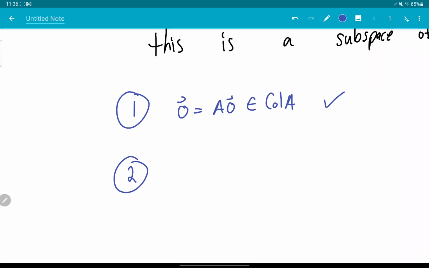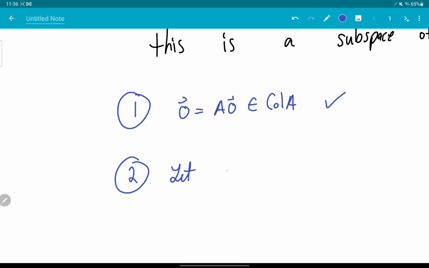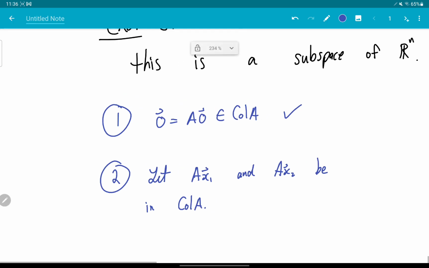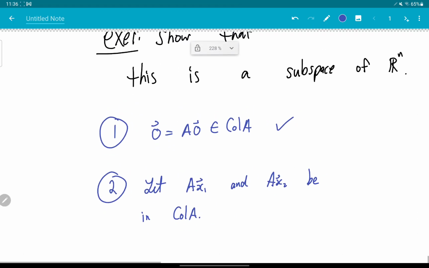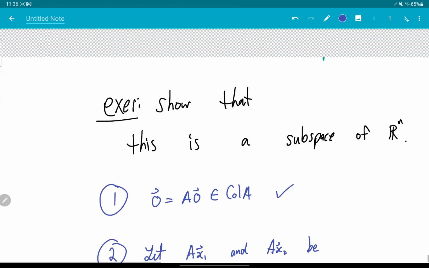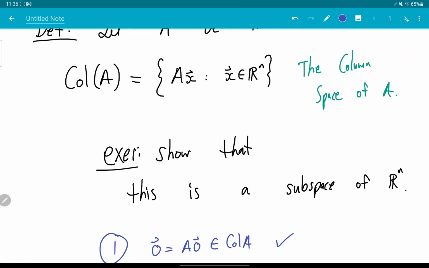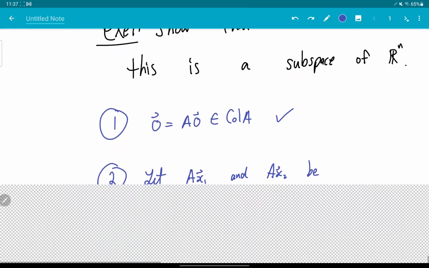Now, if I have two things in col A, so let Ax1 and Ax2 be in col A. Okay, how did I know to write them down like that? Well, I don't have a choice. The elements of col A have a very specific form. If I'm choosing two elements at random in col A, they both must be of this form. That is what col A is. It is what it is.